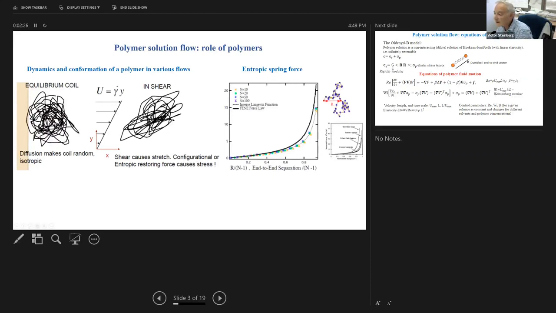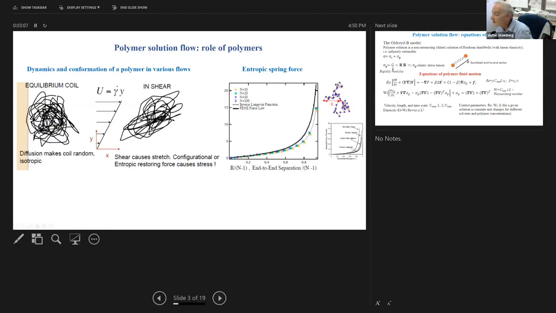Now, this model can be simplified if we consider linear elasticity, and then we can speak about the Oldroyd-B model. In this model, if it's linearly elastic, it will be stretched indefinitely because stress is proportional to the length, and that's it. If it's finite, we can use the widely used so-called FENE model of finite extension nonlinear elasticity.